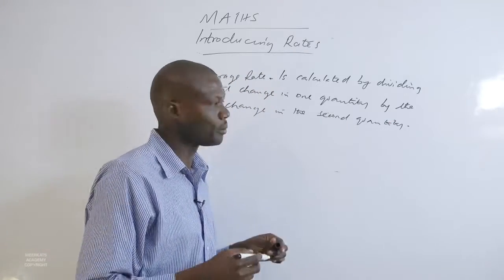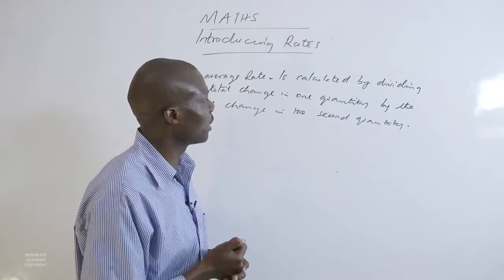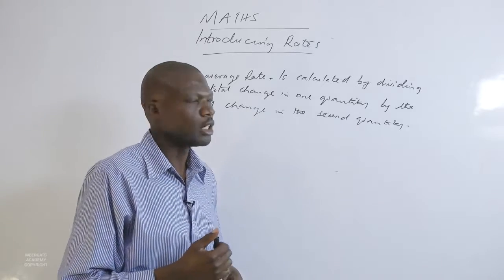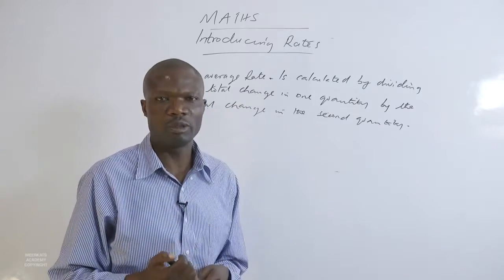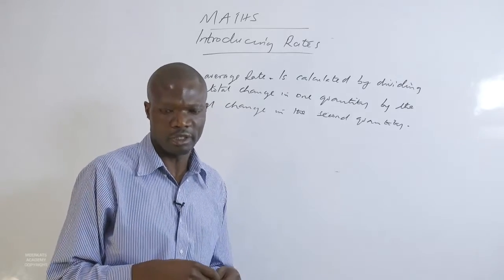Here, the average rate is calculated by dividing the total change in one quantity by the total change in the second quantity.